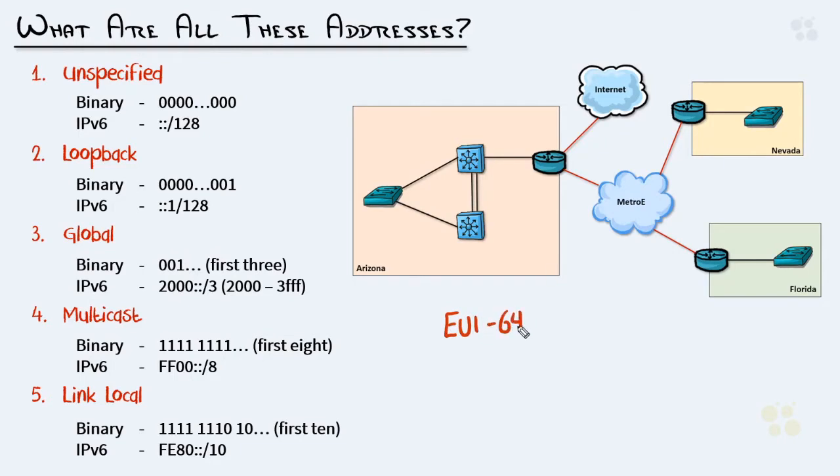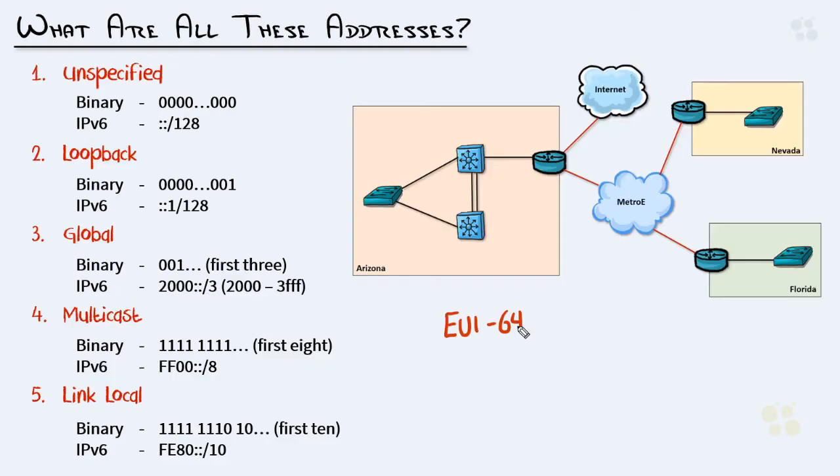So they were like, okay, how do we have computers figure out a random address that could be unique in the world? Here's what they did. They said, let's take that computer's MAC address, right? And you guys know what a MAC address is, right? It's burned into the network card. And let's just say this is 1111.2222. I'm just making up a MAC address for grins, right? So we're going to take that.